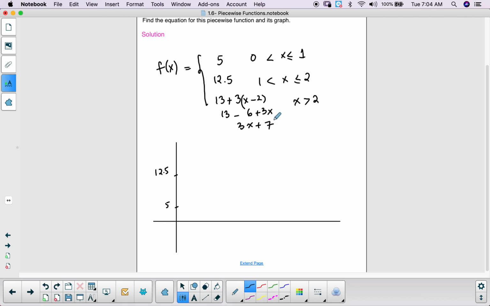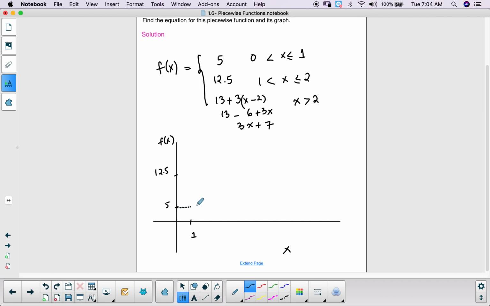Right? So for 0 to 1 hours, so this is our x and this is our y, or f of x.